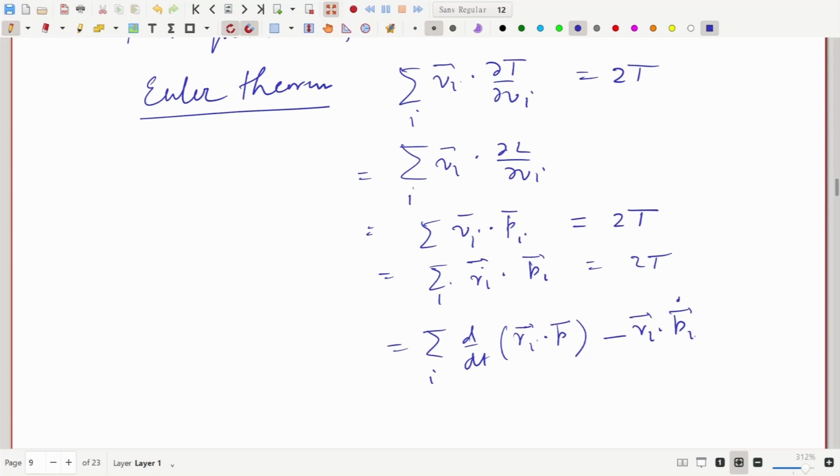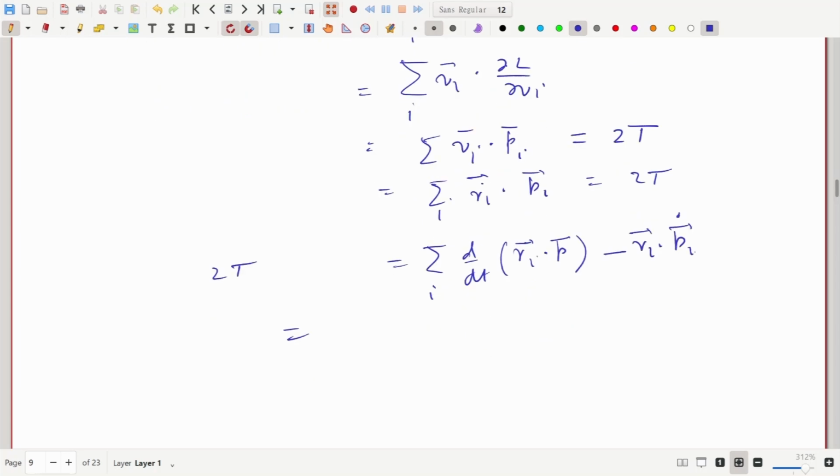So, let me write 2T equal to this: the sum over i of d/dt of ri dot pi, minus the sum over i of ri dot Fi, because pi dot is your Fi.